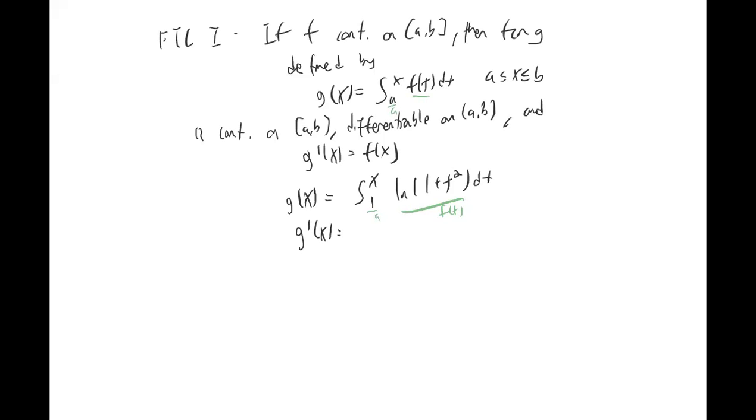So what does this theorem tell you? What is g prime of x? It's not t squared, it's f of x, right? It's no longer f of t. So you plug in x for t, so it's ln of 1 plus x squared. All agree? So this is an example of FTC1. You just plug in the x, right?